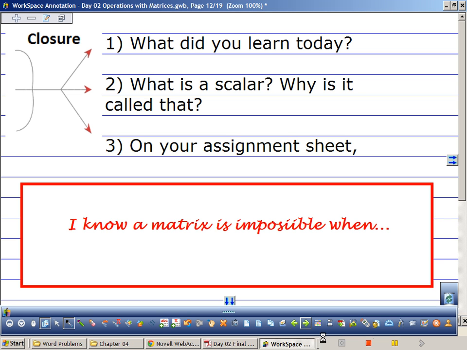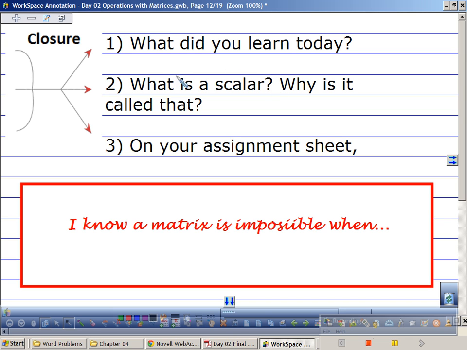All right, what did you learn today? Operations of matrices. Hold on. Nope, nope, nope. Everybody freeze. What is a scalar and why is it called that? It's whatever you're multiplying a matrix by. Why would they call it a scalar?